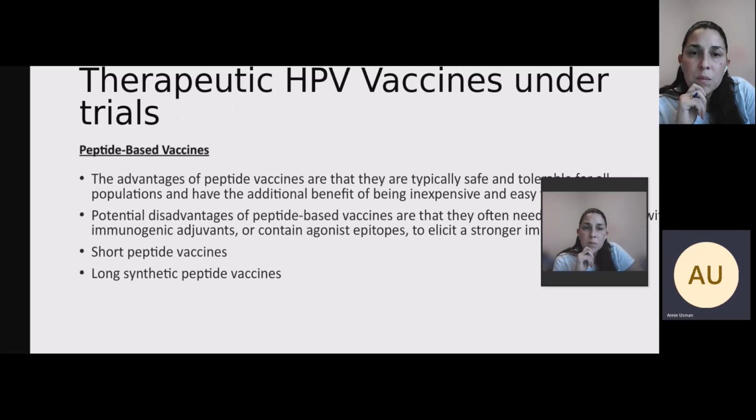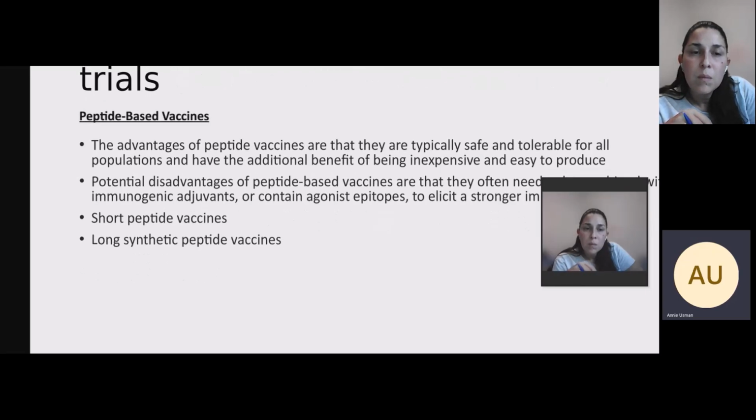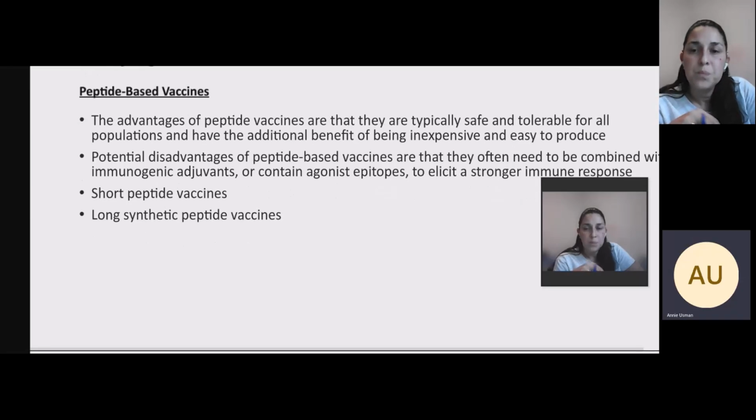So these are the therapeutic HPV vaccines that are currently under trial. The first type is the peptide-based vaccine. I listed some advantages and disadvantages of this type. The advantages are that they're typically safe and many people can tolerate them, with the additional benefit of being not as expensive and easier to produce.